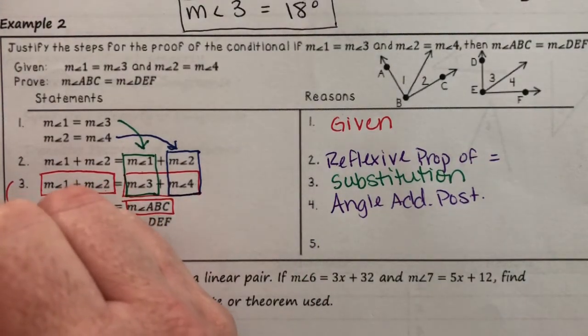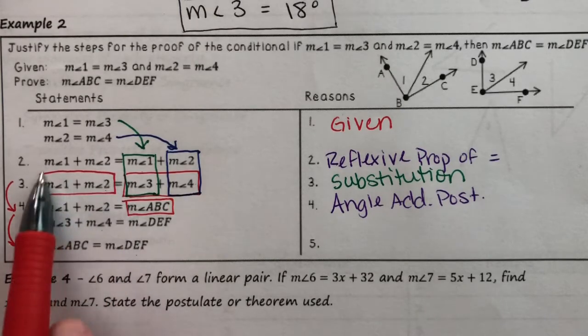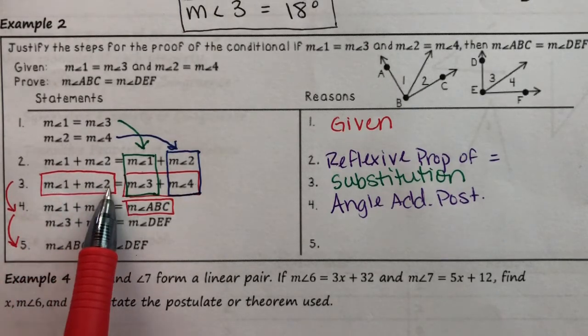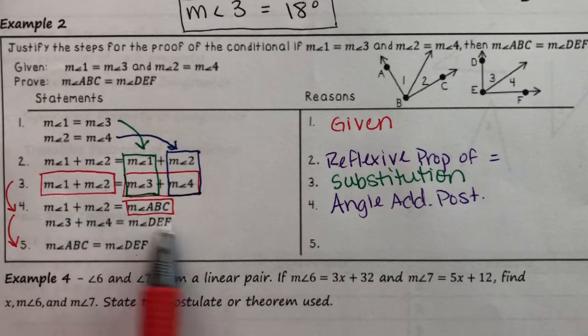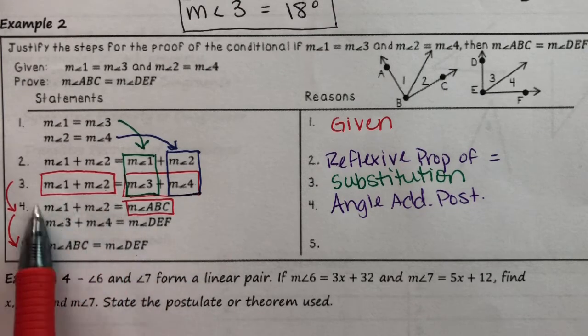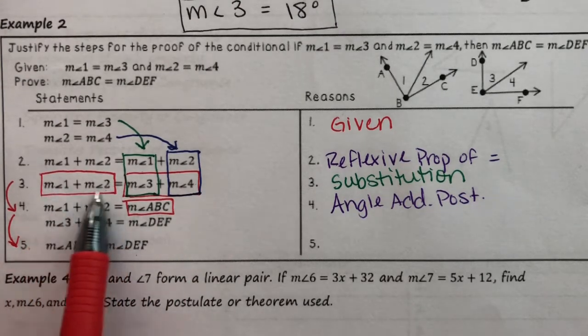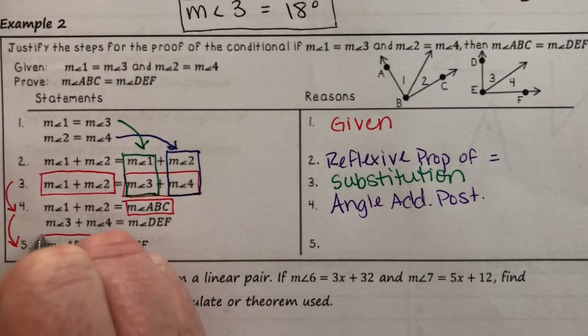So from 4 to 5, all I did was I started in step 3. I took 1 plus 2, measure of angle 1 plus the measure of angle 2. I replaced it with what it's equal to that it told me in step 4. The measure of angle ABC is the same thing as this. So instead of writing all of this, I'm going to replace it with just the measure of angle ABC.